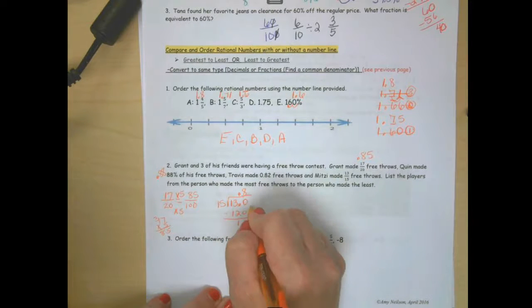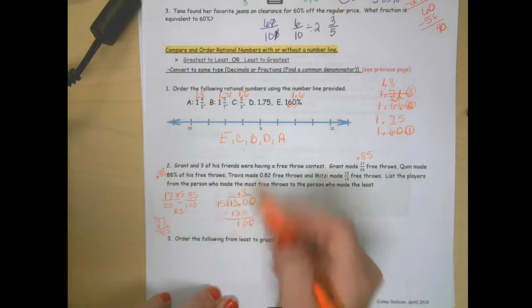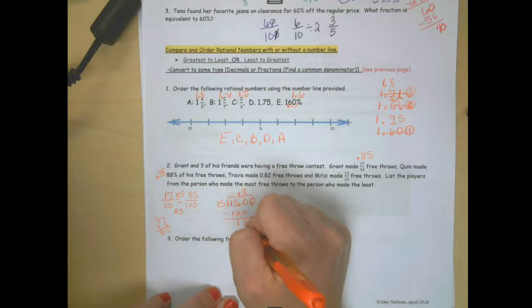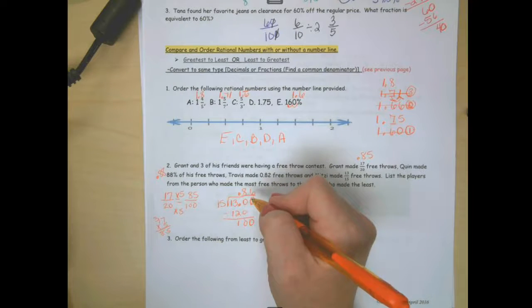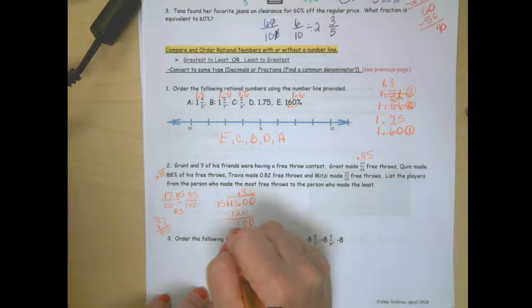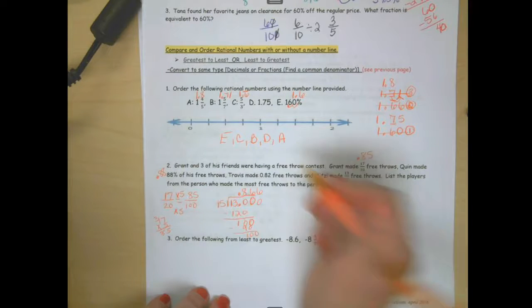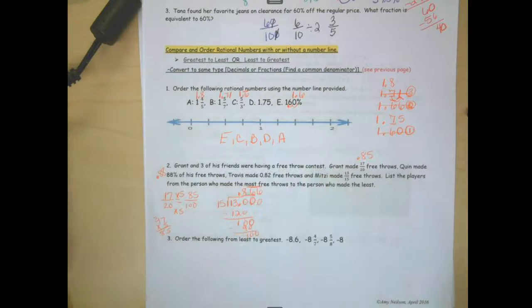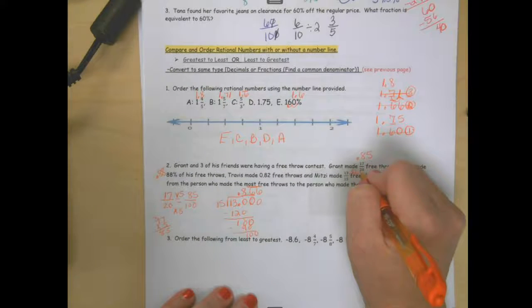So I have 10, add another 0, bring it down. 15 will go into, let's try 6, which is 90. This will be another 6, repeating 6. So this is 0.866.